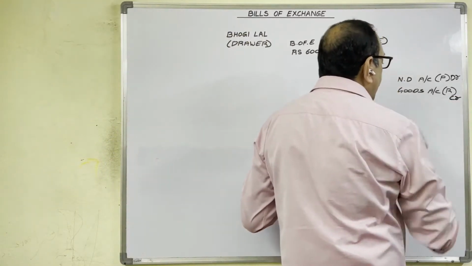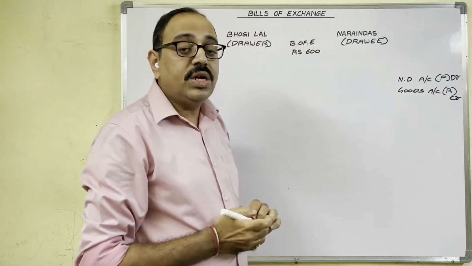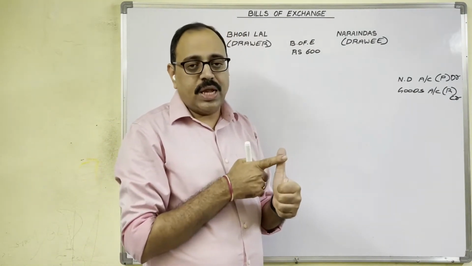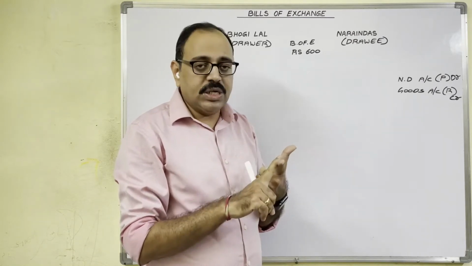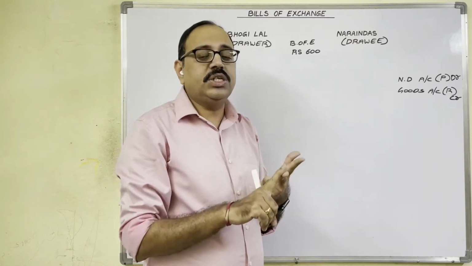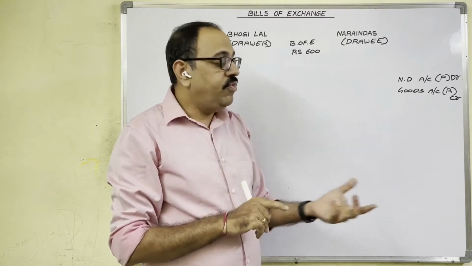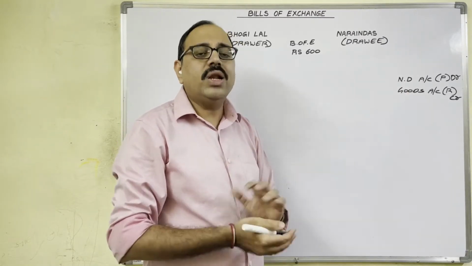The word goods we should not write, because the word goods comes in 4 circumstances: in case of goods sale, in case of goods purchases, in case of purchase returns of goods, and in case of sales returns of goods. If you write only the word goods, there is no clarity.